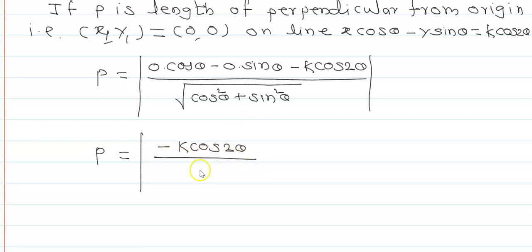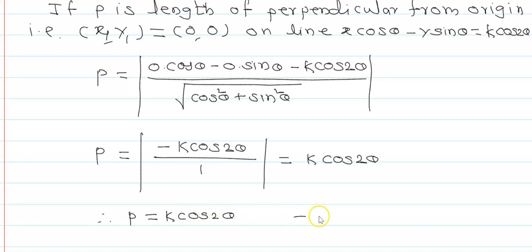Sin square theta plus cos square theta is 1, and overall you will get k cos of 2 theta. Okay, therefore p is equal to k cos of 2 theta, and this is the first one.